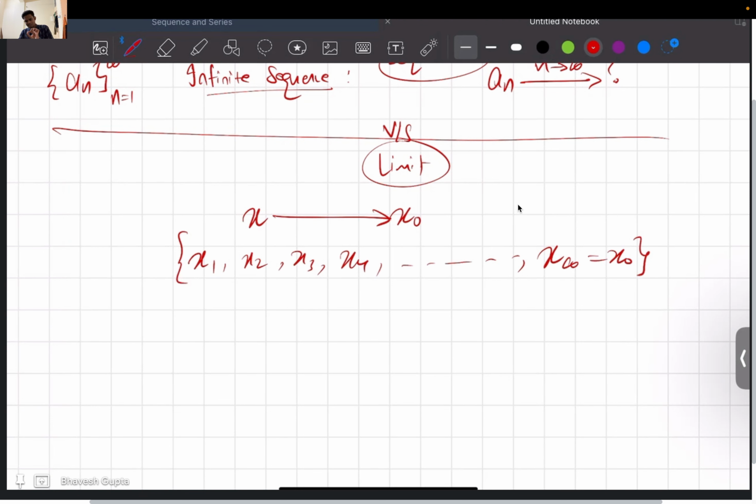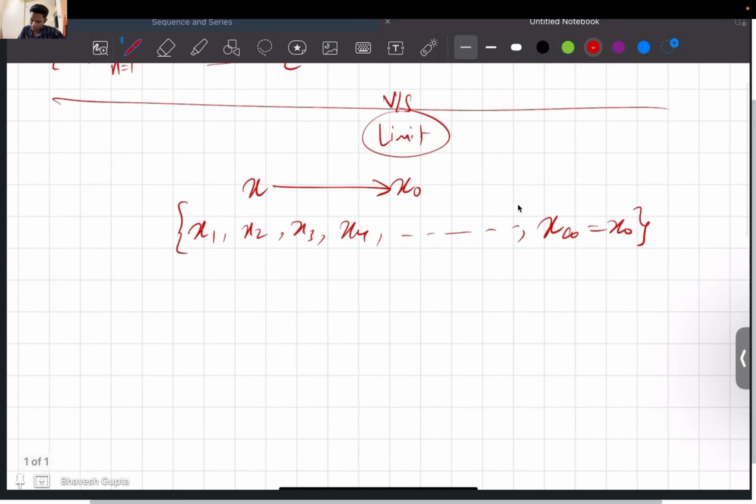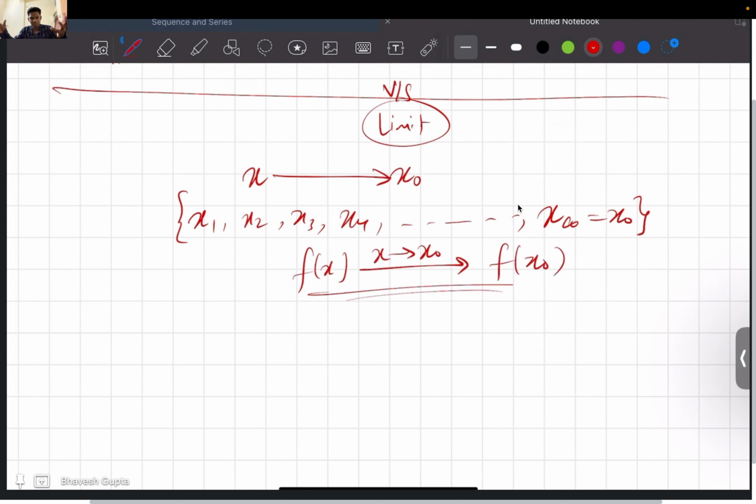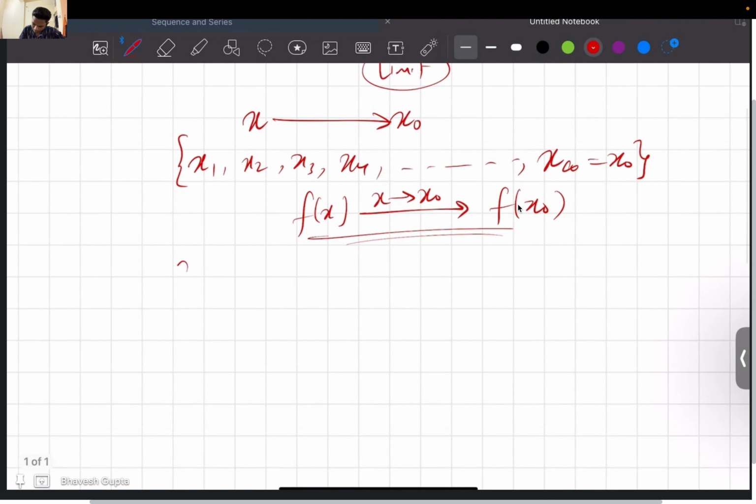I'm approaching this x to some x naught, and if you recollect the ideas we used in limits, we had some function f of x, and we want to understand what happens when x tends to x naught.